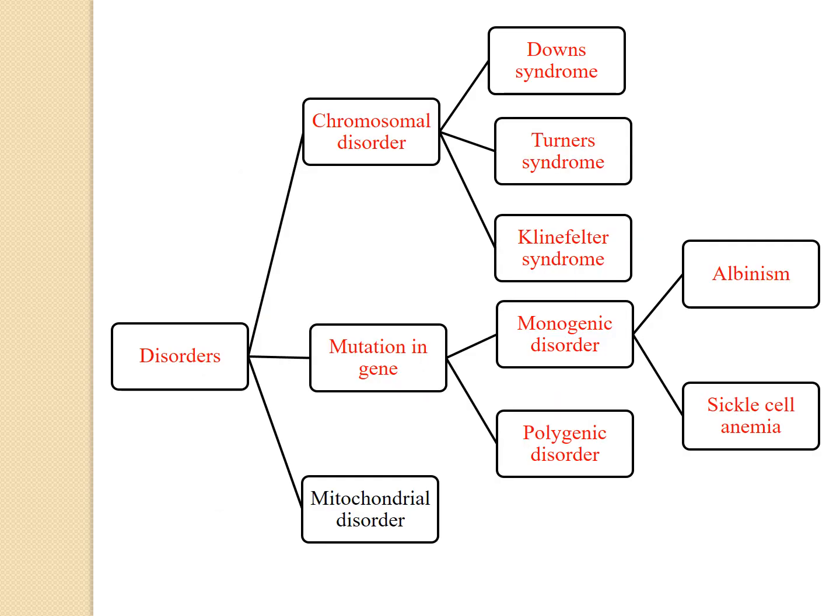Okay, now coming to the last one, that is mitochondrial disorder. So mitochondrial disorder is what we are going to do now. Mitochondrial DNA may also become defective because of mutation. So we know that mitochondria has DNA. Okay, so what happens is that because of mutation, that DNA may also be affected.